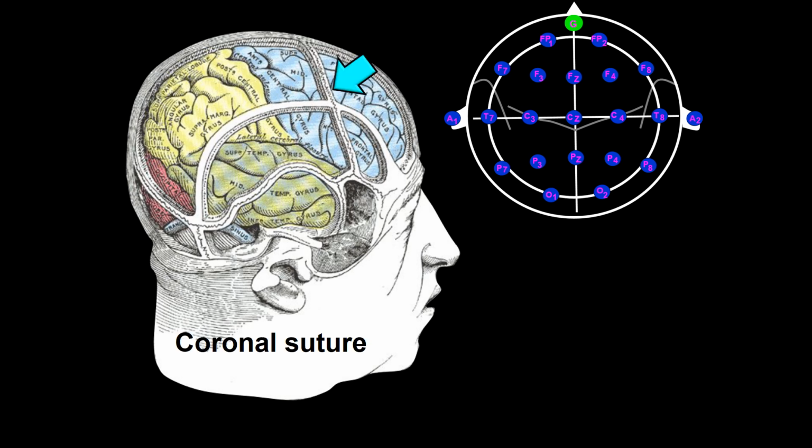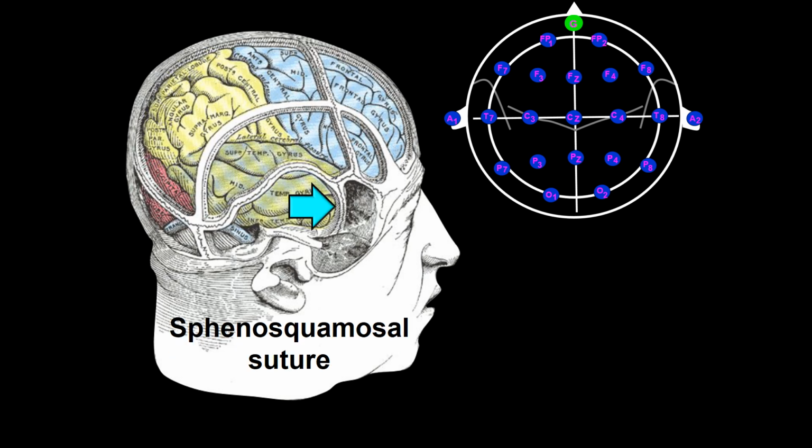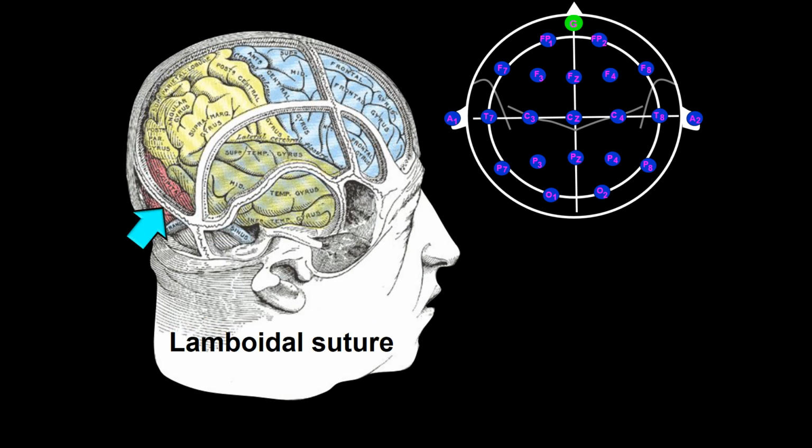The arrow points to the coronal suture, here to the squamosal suture, here to the spheno-squamosal suture, here to the occipital mastoidal suture, here to the lambdoid suture. And what impressed me the most is how far the frontal lobe extends beyond the coronal suture. Here, the arrow is pointing to the supramarginal gyrus, and here to the angular gyrus.